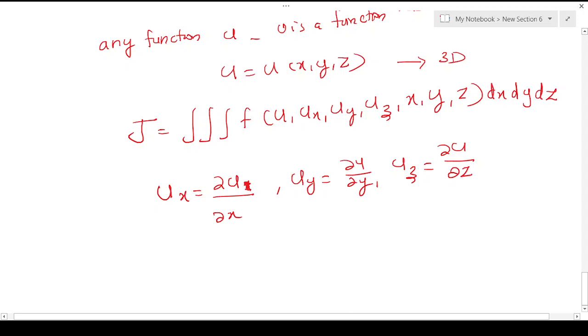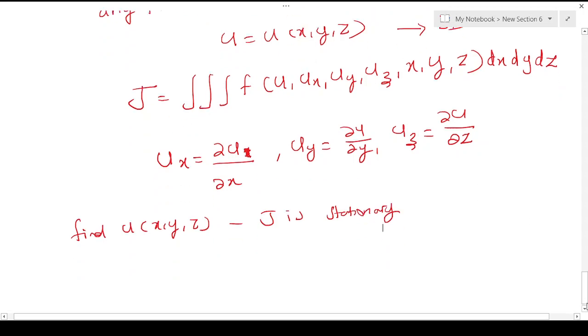So the variational problem is to find u(x, y, z) for which J is stationary. That is our aim.